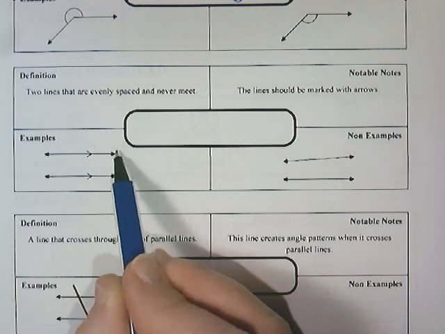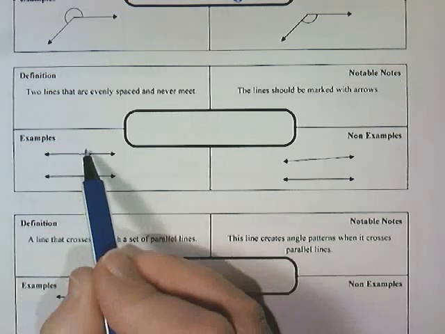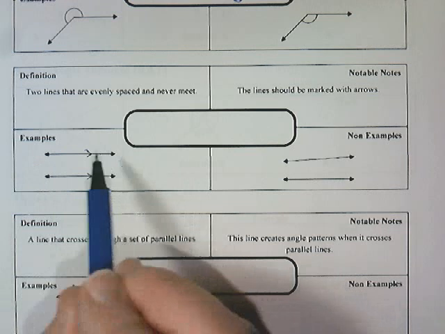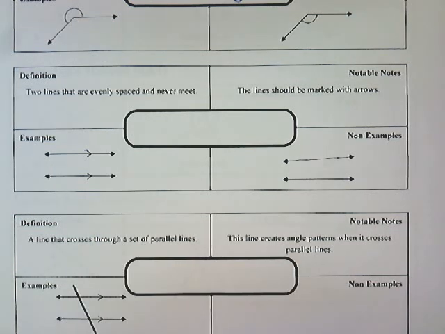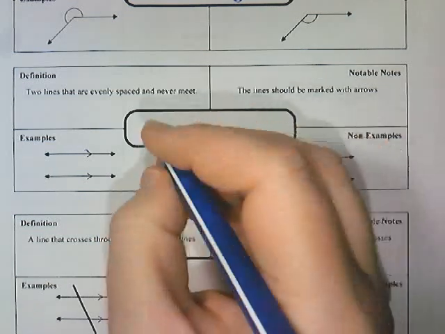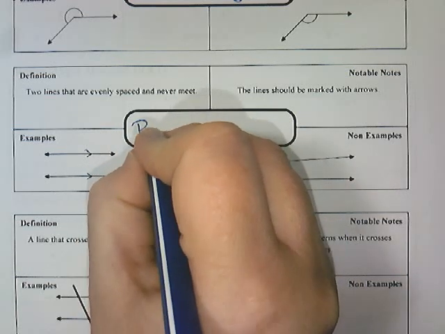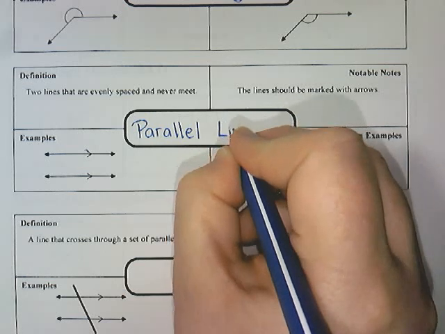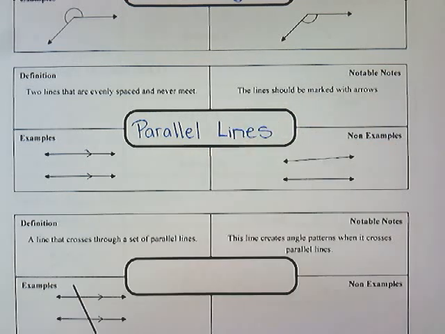The arrows on the ends are just how you mark a line. But when you have a second set of arrows, that tells me that they are evenly spaced and will not meet. And those are parallel lines. So parallel lines.